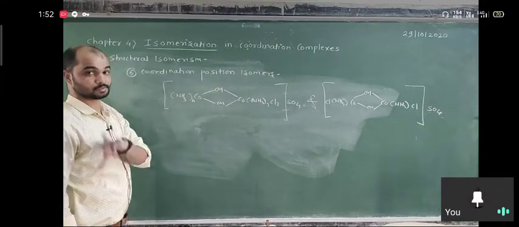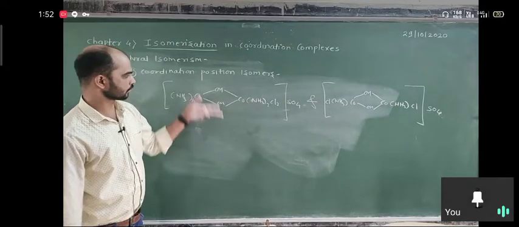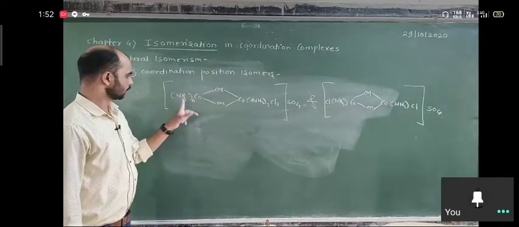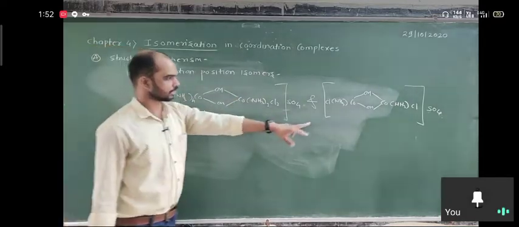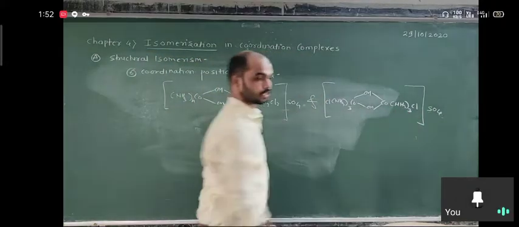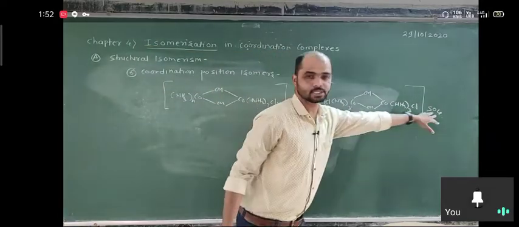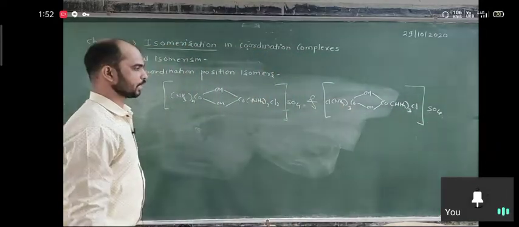First see, is the molecular formula the same? 2 cobalt, yes, 2 cobalt; 2 bridging OH, 2 bridging OH; 4 and 2, 6 NH3, 3 plus 3, 6 NH3; 2 Cl, there are 2 Cl; 1 sulfate, 1 sulfate. Both have the same molecular formula.